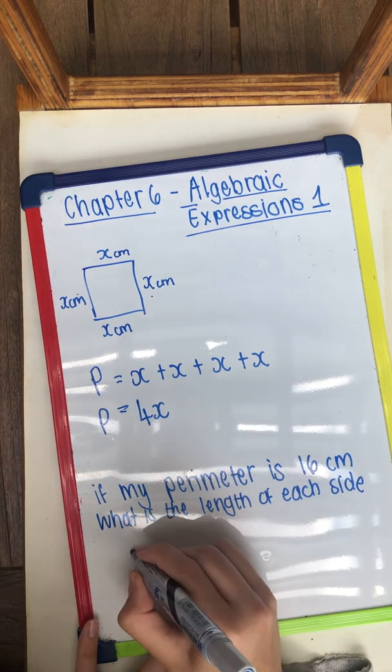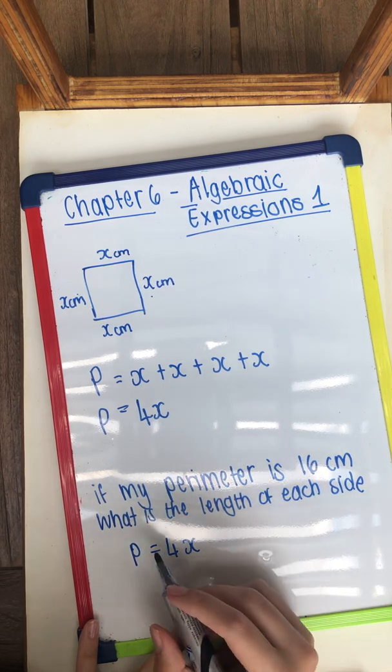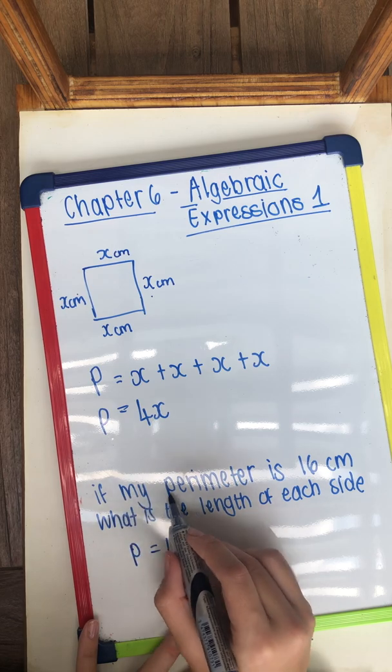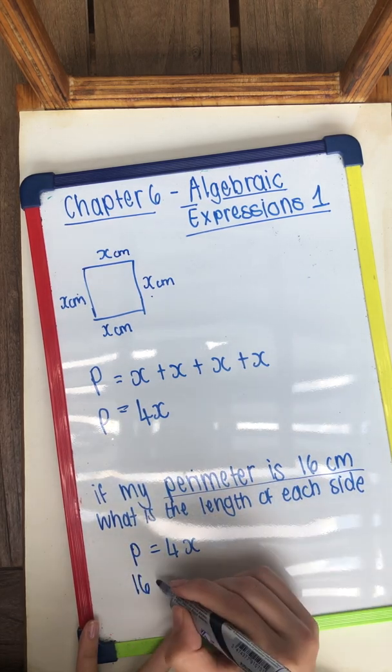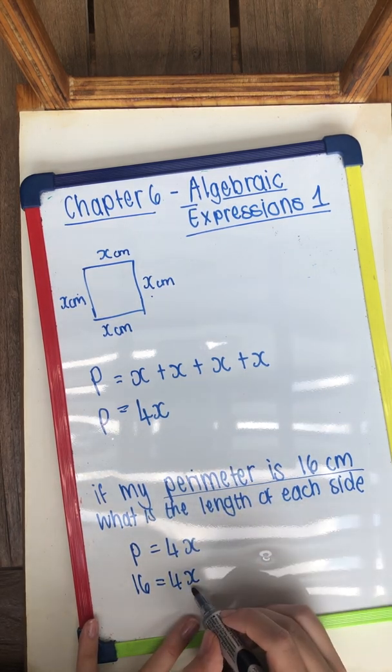Okay, so now I've got P is equal to 4X, where P is my perimeter. I know what my P is because it says my perimeter is 16 centimeters. So I make this 16 centimeters. Now I want to find out the length of each side. So remember, my length of each side is X. So I'm looking for X. I want to get X by itself.